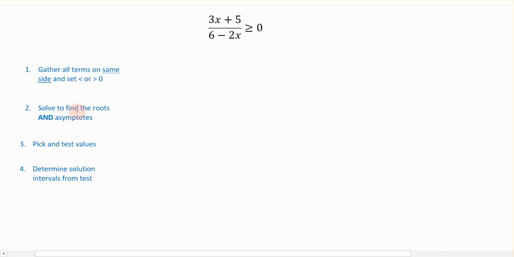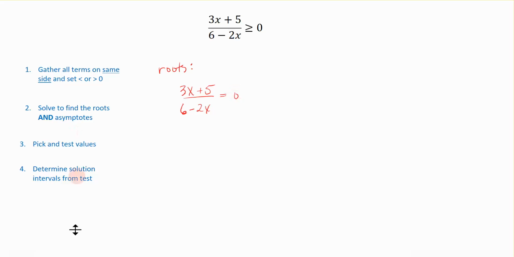Now, step number 2 asks me to solve the rational inequality for its roots, and in this particular case, I have to find asymptotes. So let's handle the roots. When we talk about the roots of my function, that's where we take the rational function, 3x plus 5 over 6 minus 2x, and set it equal to 0.